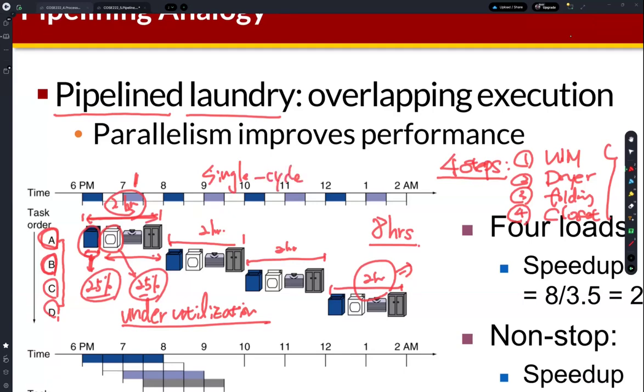The problem is that we have hardware resources, but the hardware resources are underutilized, because the laundry process is composed of four steps, and for a single task, we can use only a single step for some time slot, time window. So utilization is low. This is the problem.